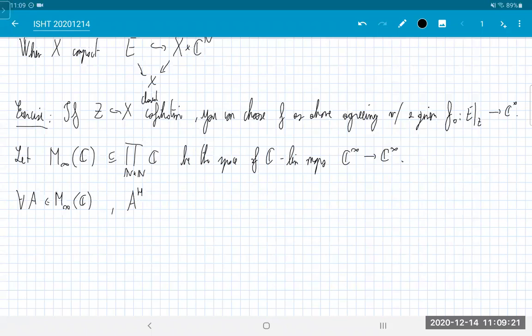Every row has finitely many non-zero entries. I'm going to write A transpose conjugate only in the case in which A is actually like that; not always, but we'll write it only in this case.